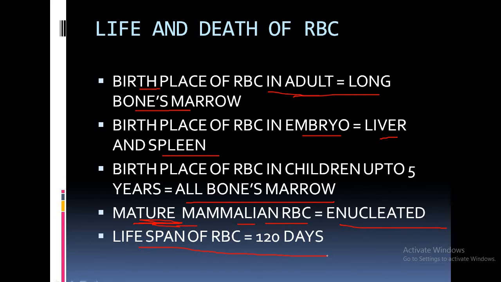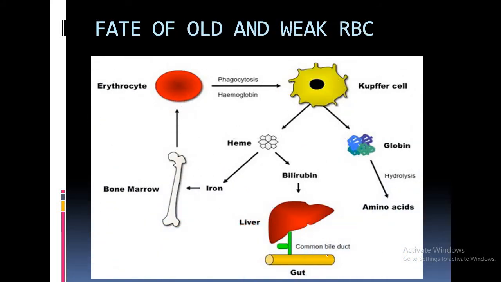Then what happens to RBC after 120 days? Let's see. After 120 days, the RBC will become worn out or non-functional. Then there will be phagocytosis by the Kupffer cells, and hemoglobin will be removed and globulin will be separated.